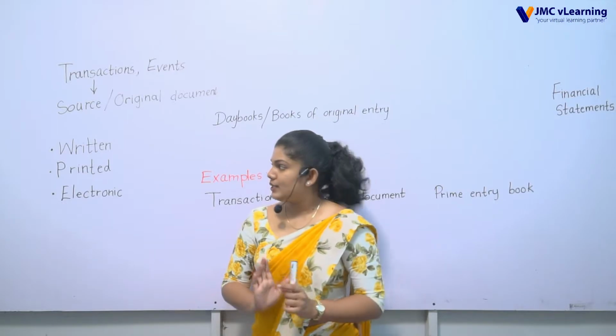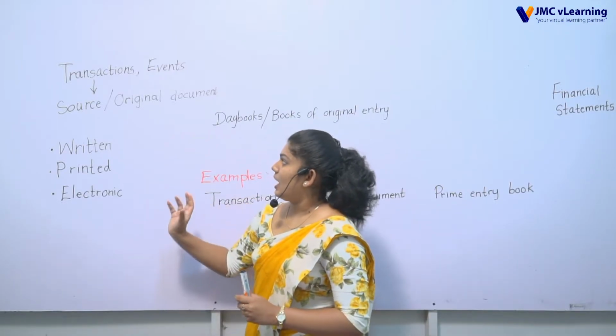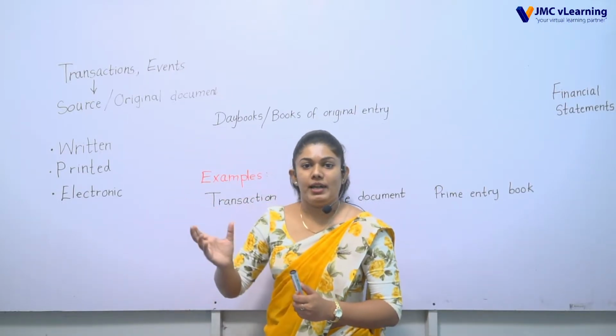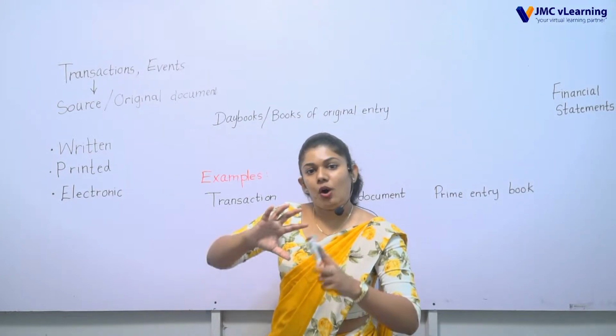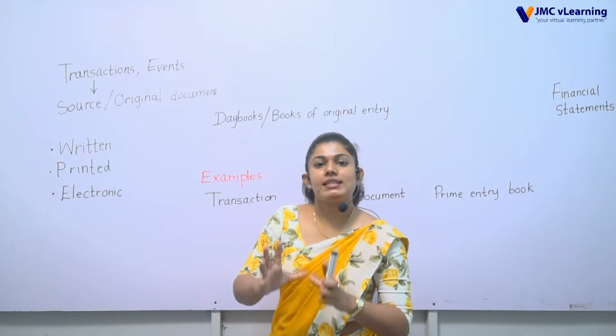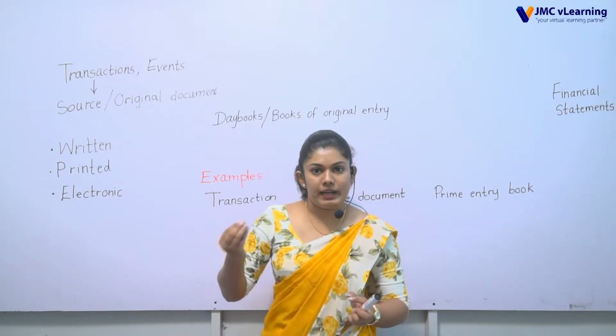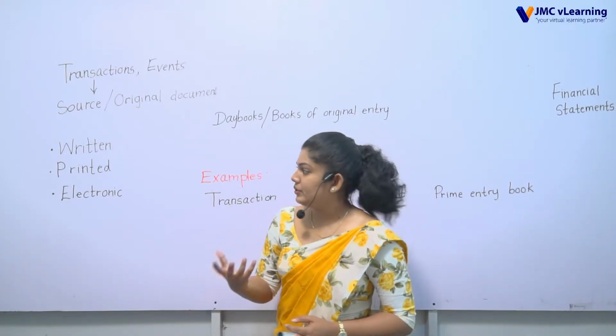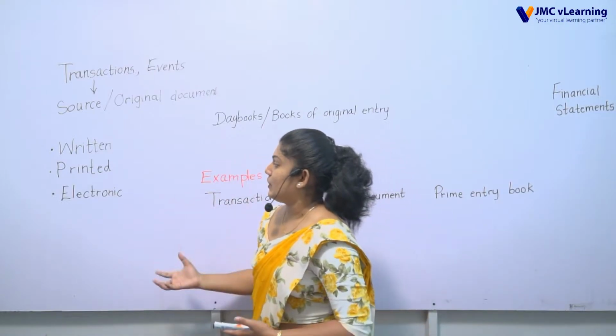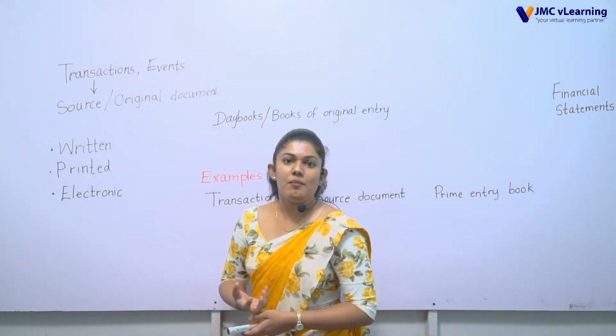So, source documents are the documents that record the original, basic details of a transaction or an event that took place somewhere. They can exist in written, printed and electronic forms.